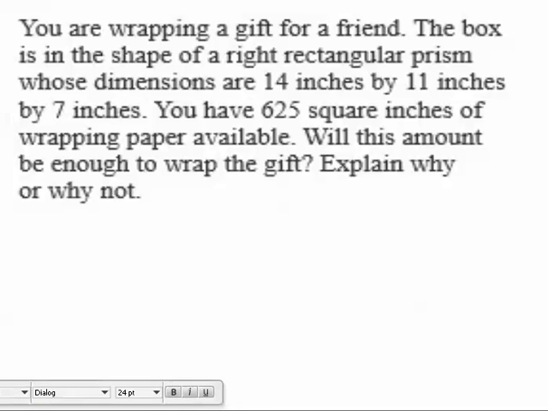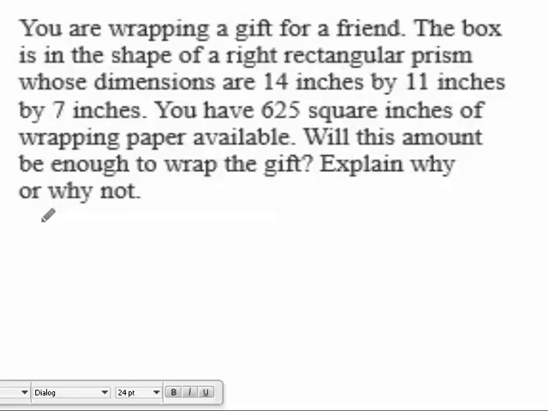In the first couple of lessons, you were talking about what surface area and volume were. If you are wrapping a gift for a friend, the box is the shape of a right rectangular prism whose dimensions are 11 by 14 by 7, and you have 625 square inches of wrapping paper, will this be enough to wrap the gift?